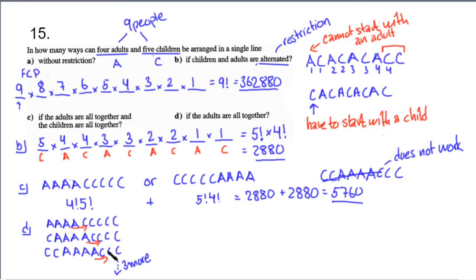So that means that there are a total of 6 possibilities, 6 scenarios where the adults are together.